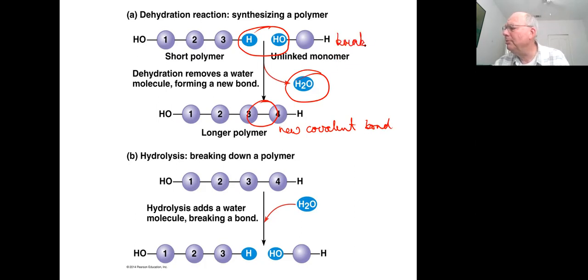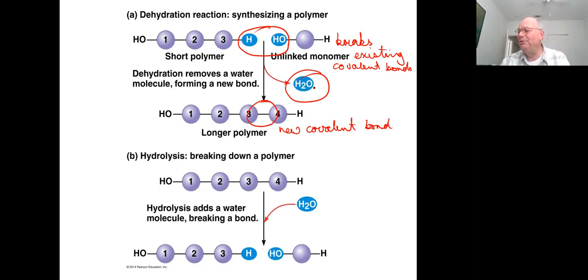Let's just put up here, breaks existing. So it breaks the existing covalent bonds that are holding the hydrogen and the hydroxyl group to their respective molecules.